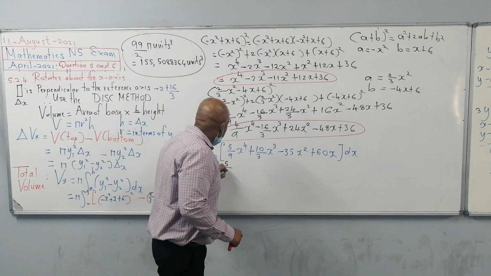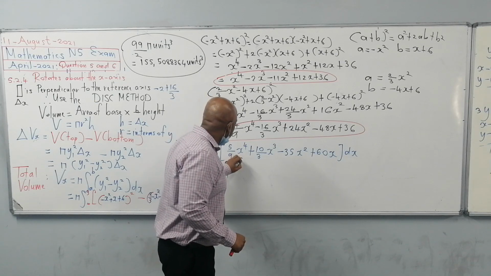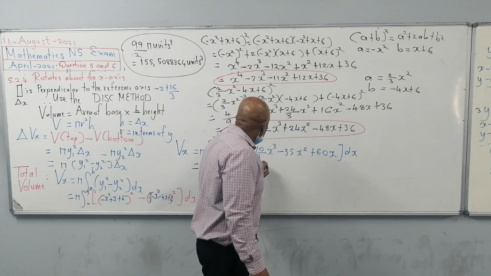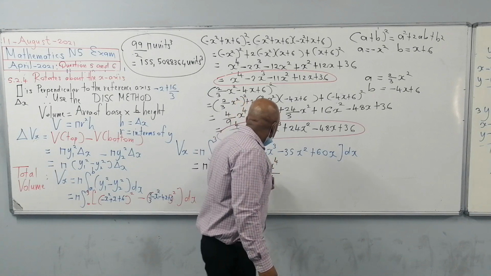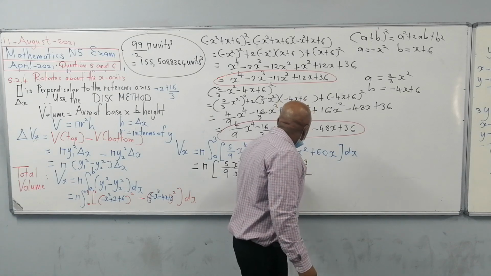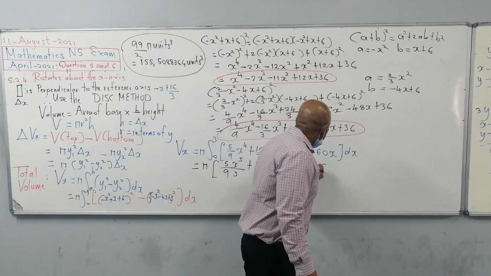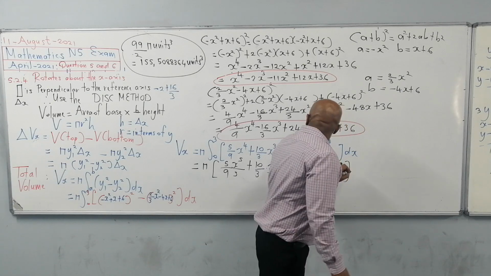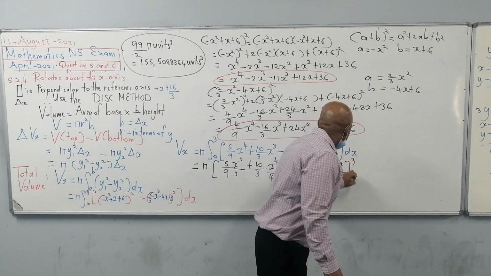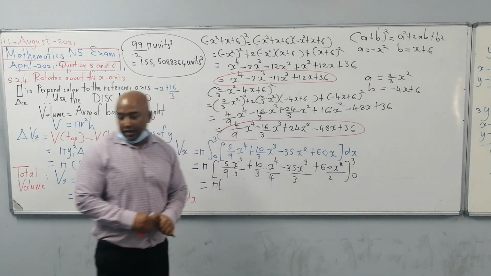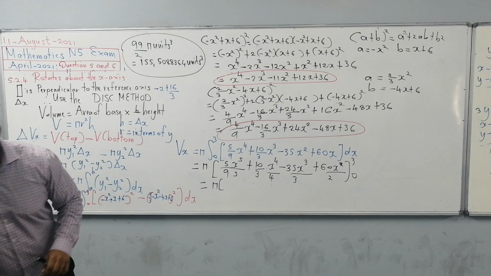So that's going to be 5 over 9 x to the power 5 over 5 plus 10 over 3 x to the power 4 over 4 minus 35 x to the power 3 over 3 plus 60x squared over 2, substituting 3 and 0. Alright, let's check this here quickly now.